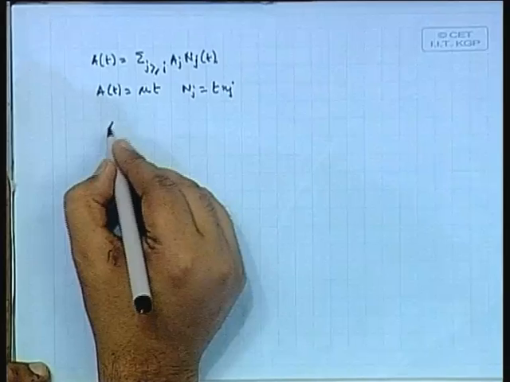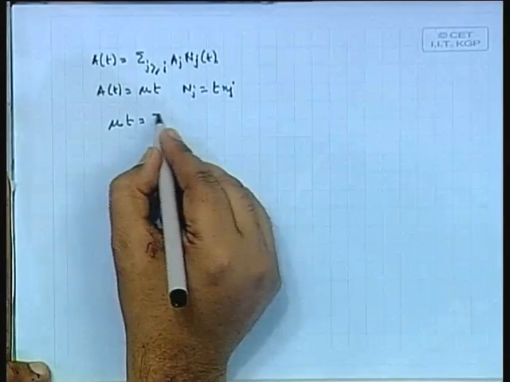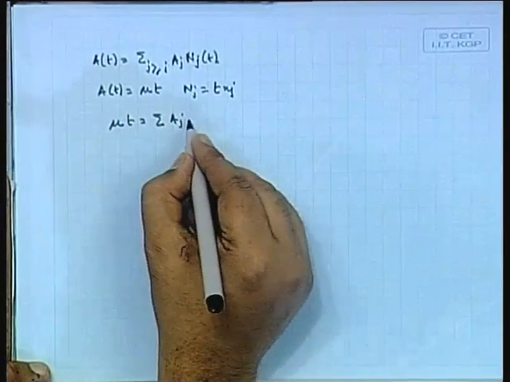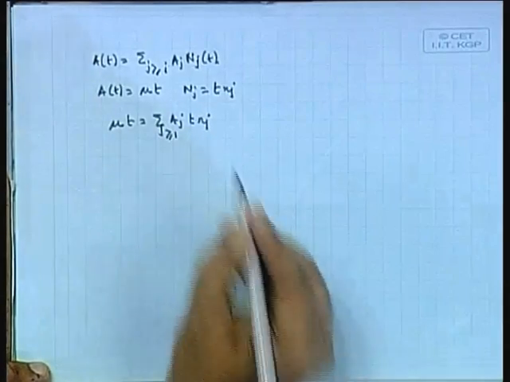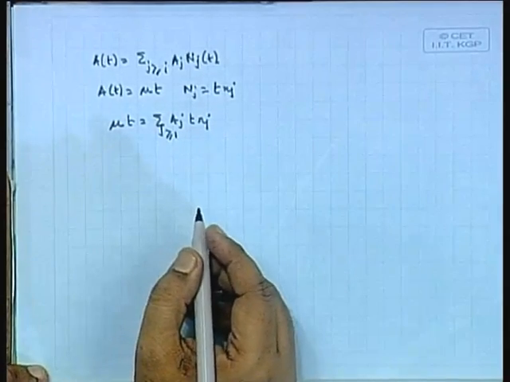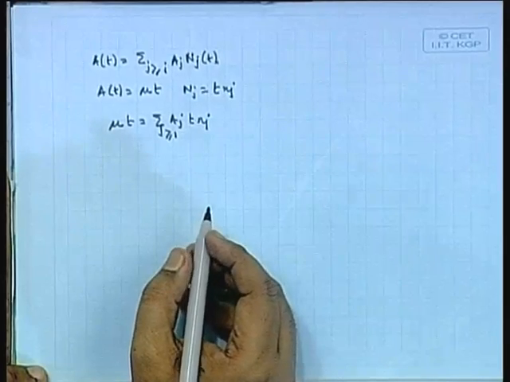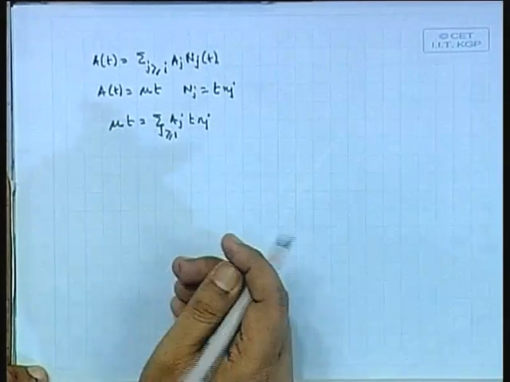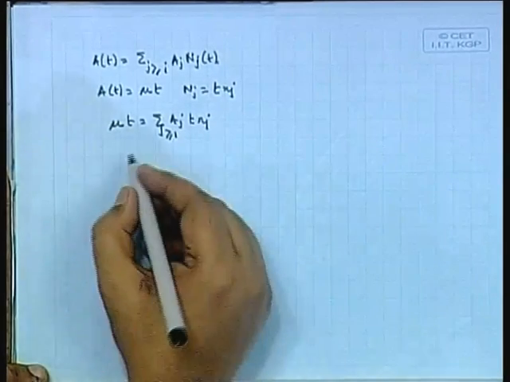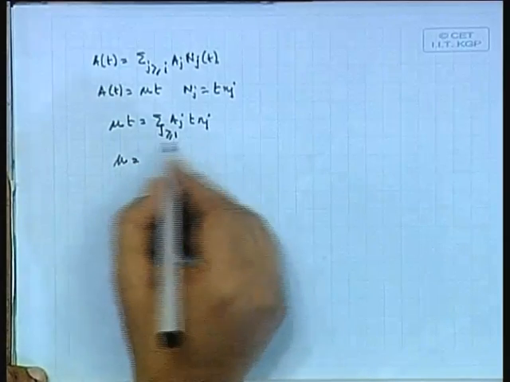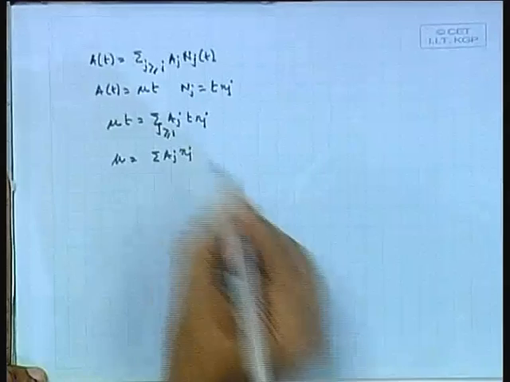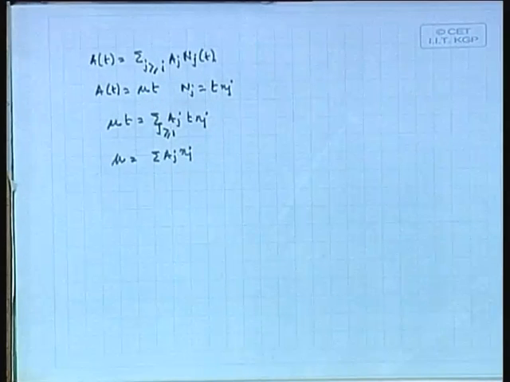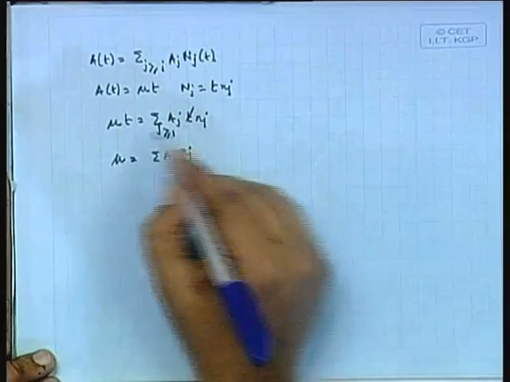So, put this mu t is equal to summation of A_j t n_j. So, mu is equal to summation of A_j n_j, because this t goes.